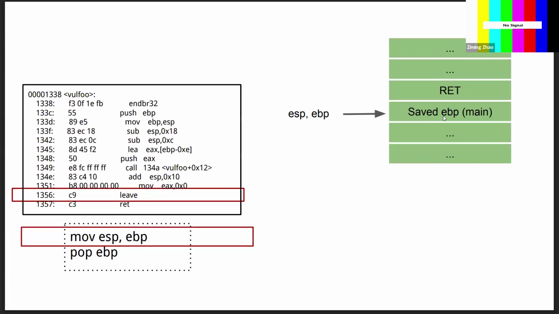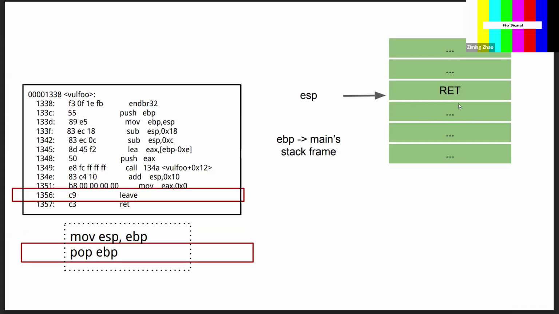When val-foo returns, before return, it executes the leave instruction. Leave is basically move EBP to ESP and pop EBP. Moving EBP to ESP makes sure ESP has the same value as EBP, so both of them point to the saved EBP again. Then pop EBP means ESP moves up 4 bytes, and the register EBP gets the value we stored on the stack, which is the saved EBP.